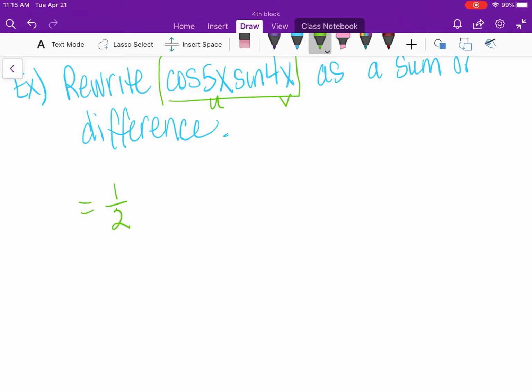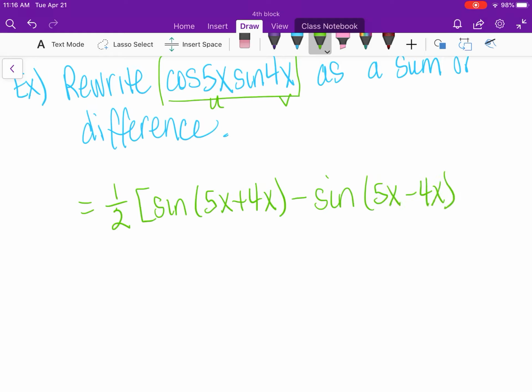So I'm going to write 1/2, and then my bracket, and then sine of 5x plus 4x, because it's u plus v, and then minus the sine of u minus v, so 5x minus 4x. Okay, and then just simplify from here.